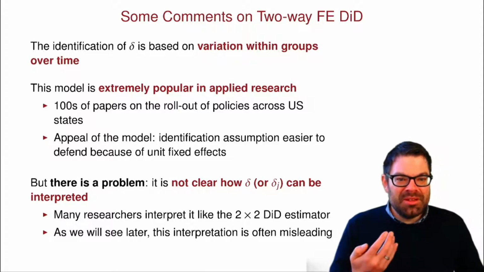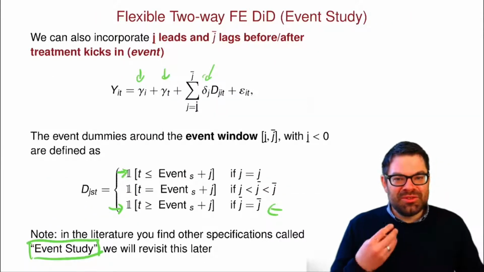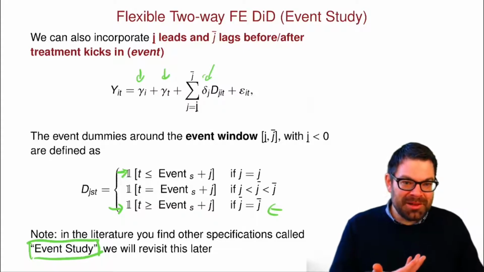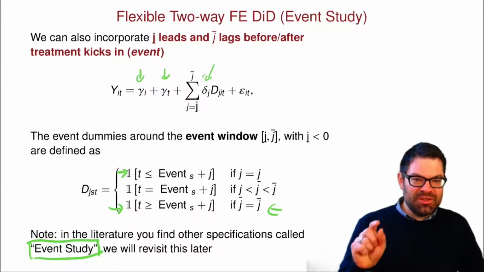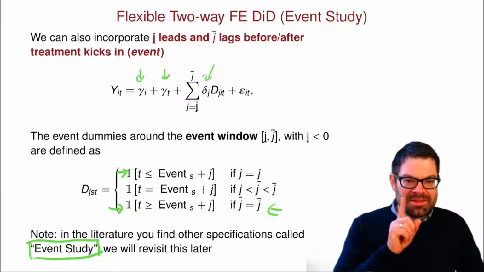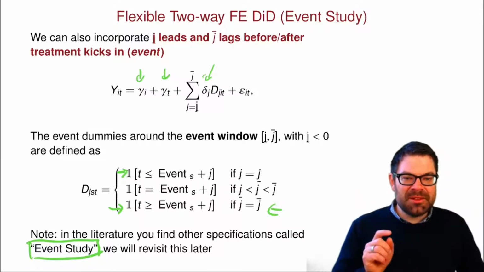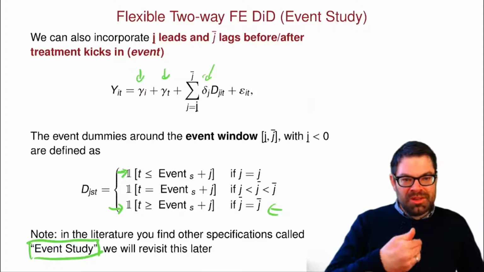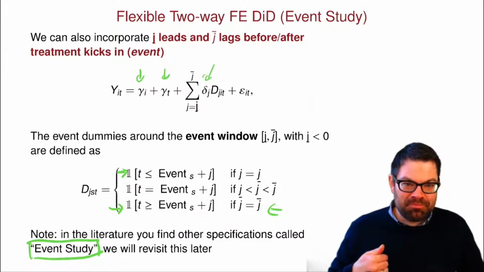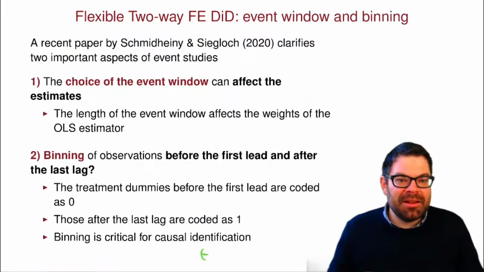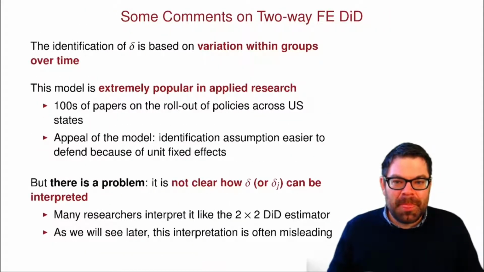Okay? So here it's a two-way fixed effects model. You observe different units at different points in time, and you condition on group or unit and time fixed effects. So all you're exploiting here is variation within groups over time, like in any panel data estimator.